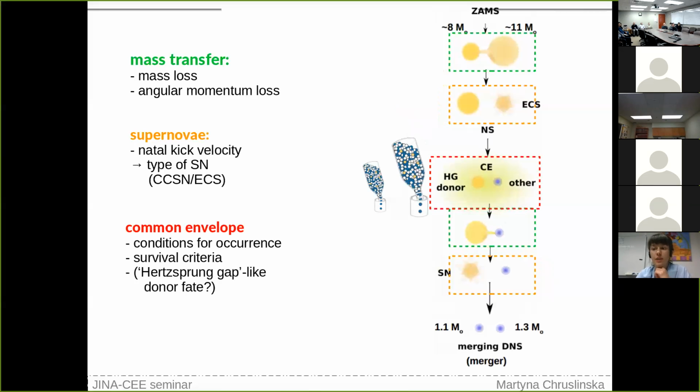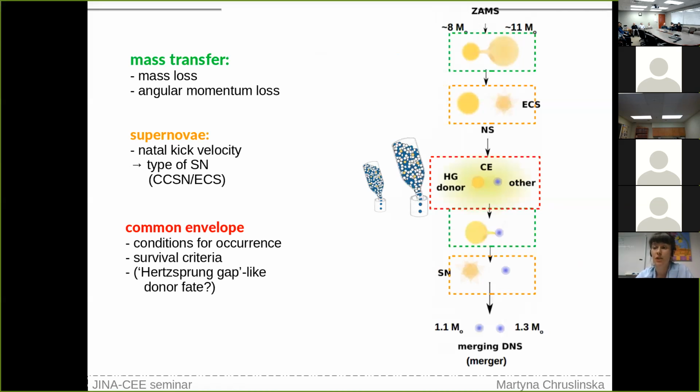And then comes the real bottleneck involved in our model, because neutron star progenitors expand during their evolution, reaching sizes of hundreds to even thousands of solar radii. And in the end, to have a double neutron star system that will merge within a Hubble time, we need to have a separation of a solar radius or less, which means that we need to have an efficient mechanism to decrease the orbital separation by a couple of orders of magnitude.